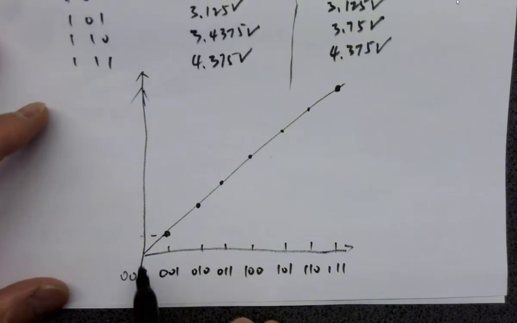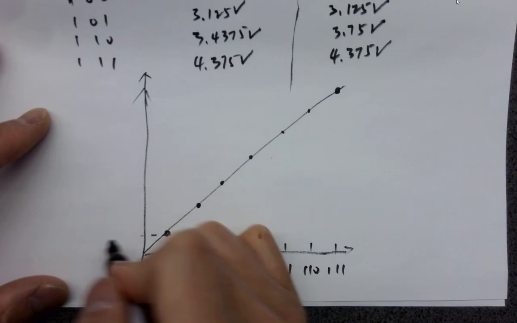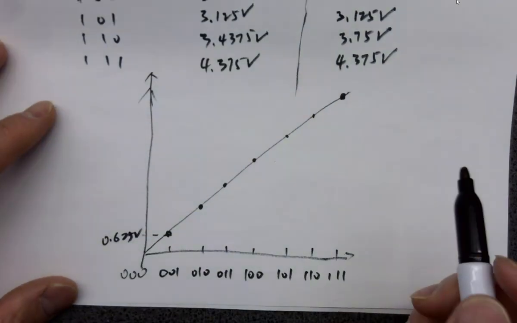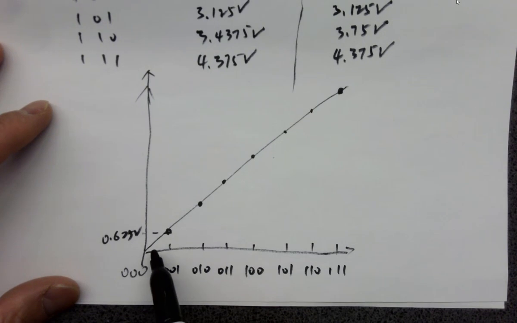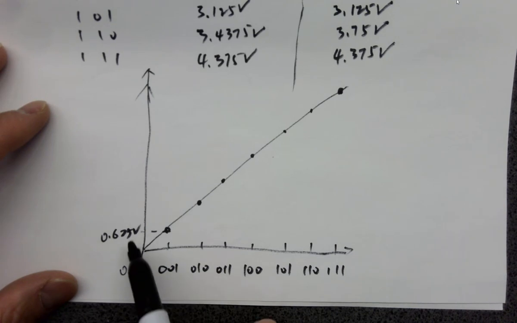So the first one, 0 is to 0 volts, no problem. The first transition should be 0.625 volts, right? It's a DAC, so whenever the digital input jumps to 001, it should give you exactly 0.625 volts, ideally.